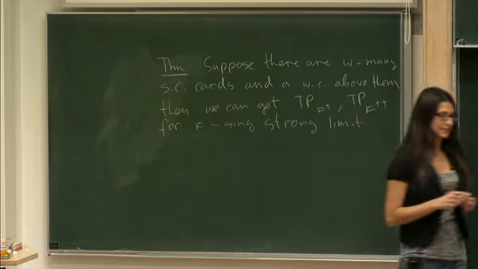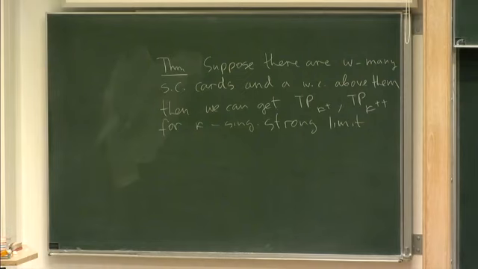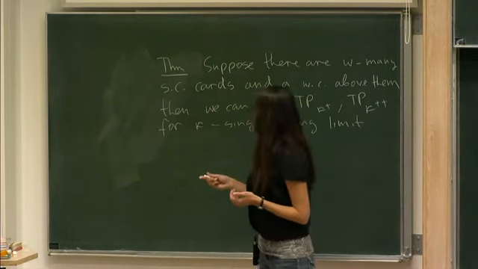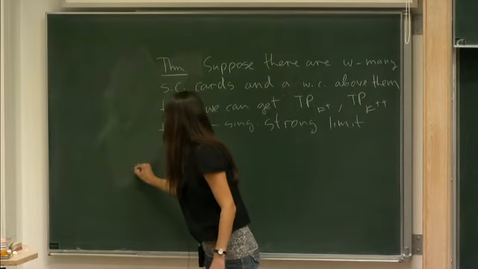And as I mentioned at the end of yesterday's lecture, the two key ingredients of the forcing construction are interleaving the diagonal supercompact Prikry forcing into the Mitchell poset for the tree property.